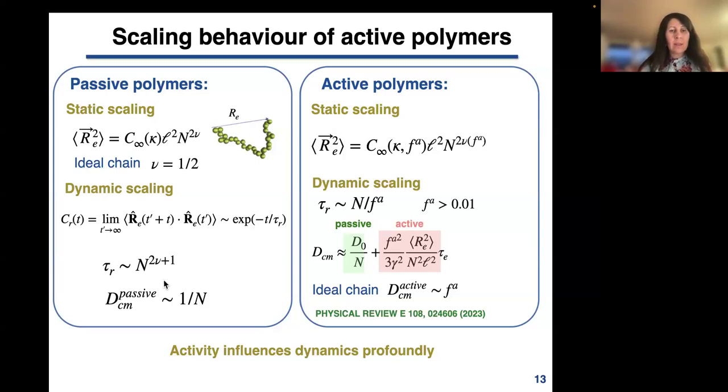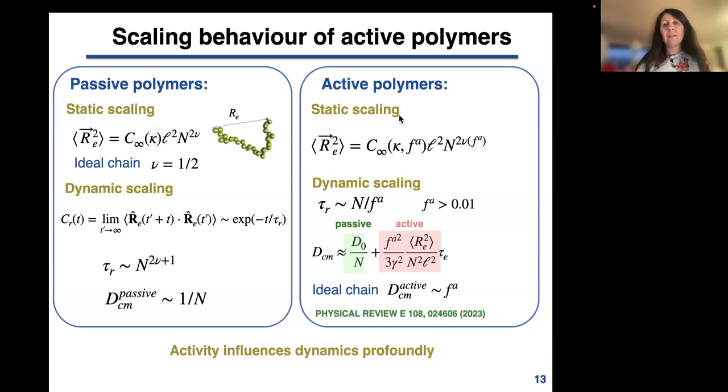And the other important dynamical parameter is the center of mass diffusion, which scales as 1 over N. So that means the larger the polymer is, the slower the polymer diffuses, which makes sense. And as you can see, this rotational relaxation time is also proportional to what is called the Rouse relaxation time. Even for this simple case, it scales quite strongly with N, because it's N to the power of 2 in the best case, and for self-avoiding it's even bigger.